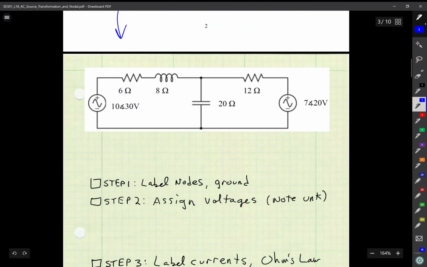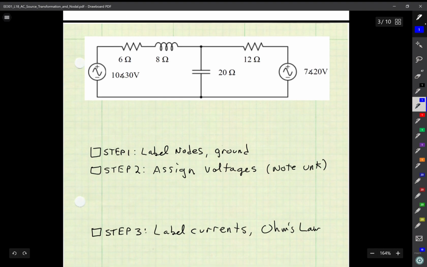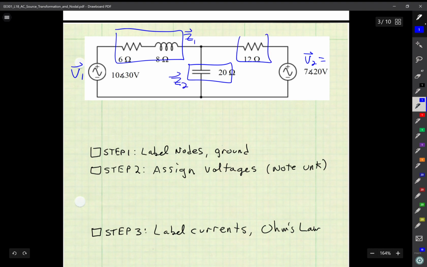So I just redrew that circuit, and the first thing that I'm going to do is label everything. So here's V1 and here's V2. Here are my voltage sources. The next thing I'm going to do is notice where the elements are in my circuit, and I see 3 more. I have Z1 right here, I have Z2 here, and I have Z3 right there.